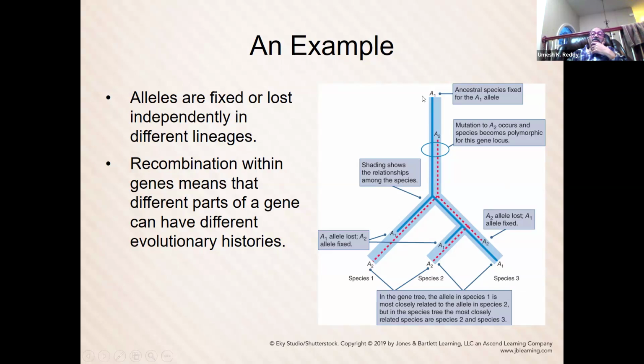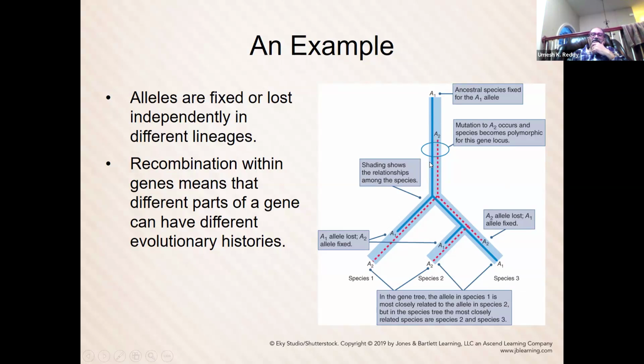But consider one gene, the gene A. Initially it is just one gene, and then it undergoes mutations, and those mutations cause a different form of the same gene. So this is a different allele, the A2 allele, and the A1 allele. There are two alleles.